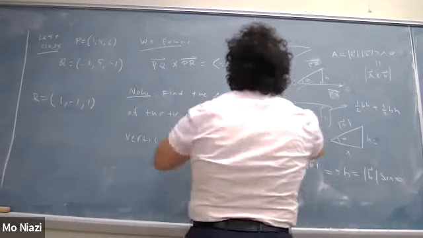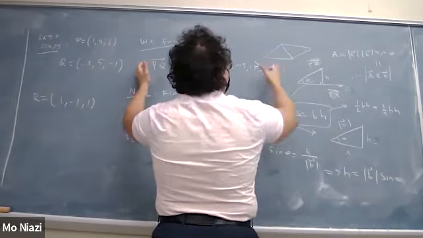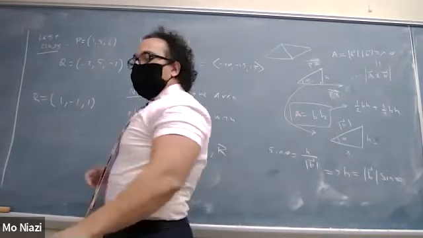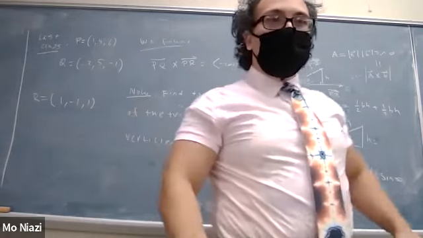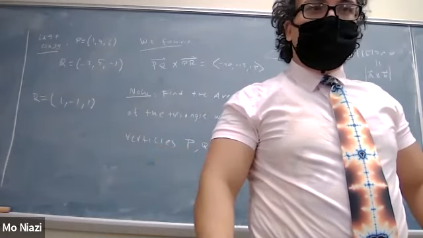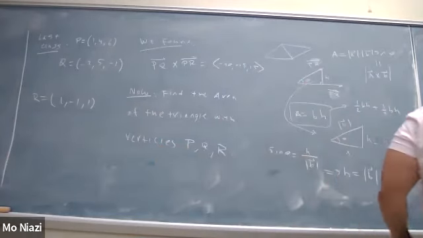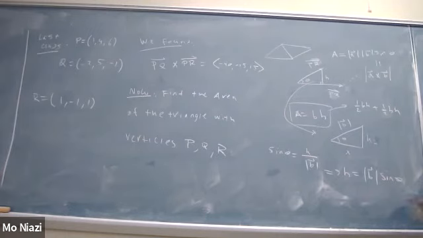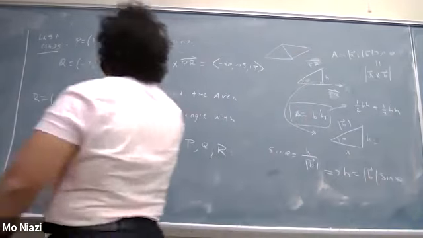All we have to do is take the magnitude of this cross product and half it, and you will get what you're looking for. You will get the area of the triangle with these vertices, okay?